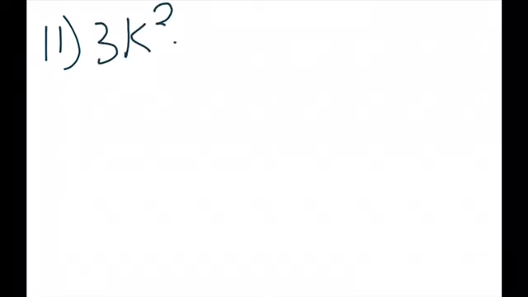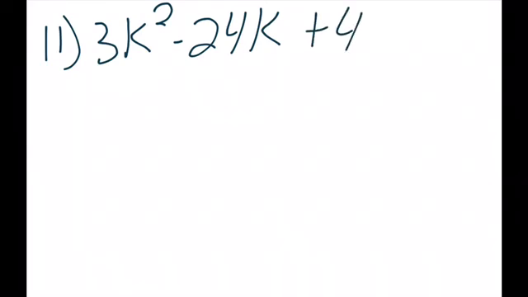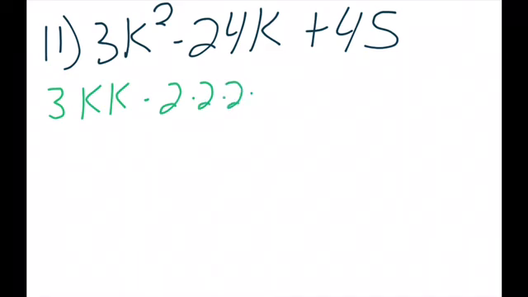Okay, our next one, number 11, was 3k squared minus 24k plus 45. The first thing I want to do is see if I have a GCF. So I have 3 times k, minus 2 times 2 times 2 times 3 times k, plus 3 times 3 times 5.